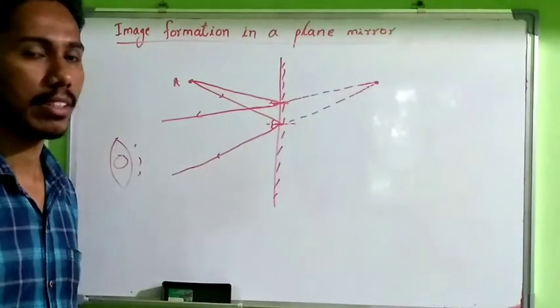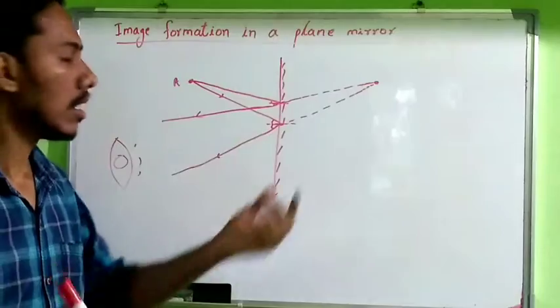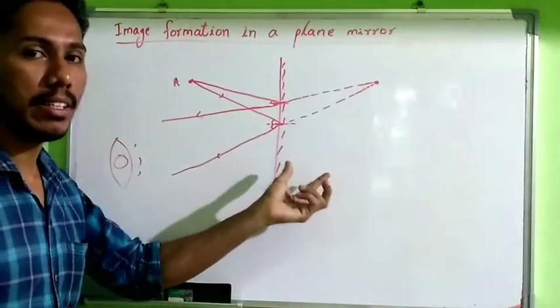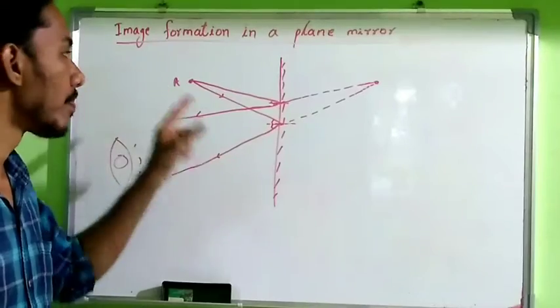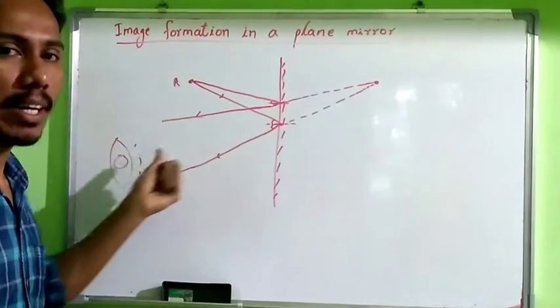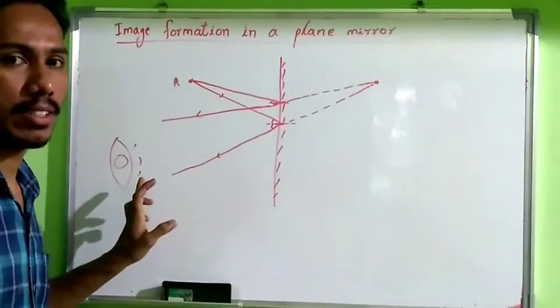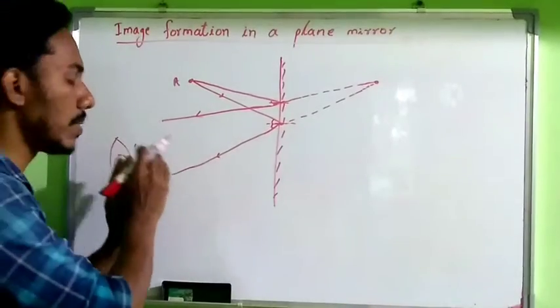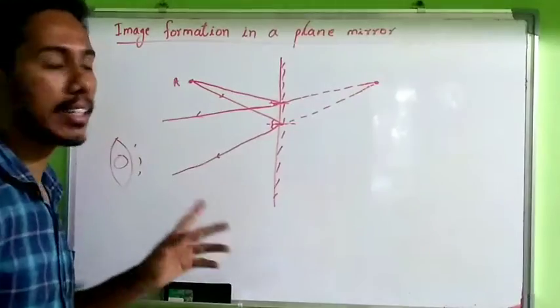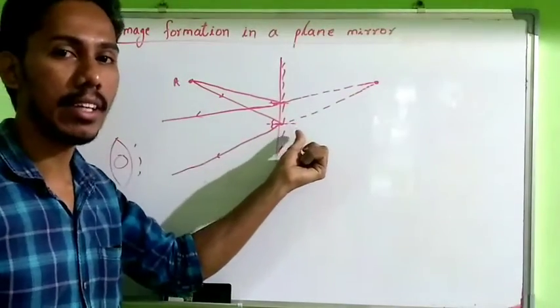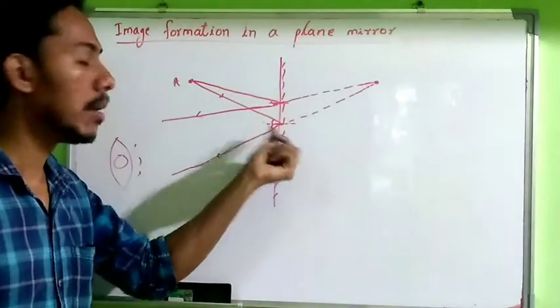That is reflection. That is the image formation in a plane mirror. First we draw two rays from a single object that are reflected back to the eyes, and he observes this light as a direct image behind the mirror.